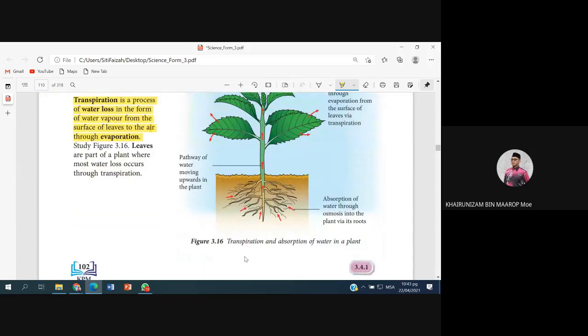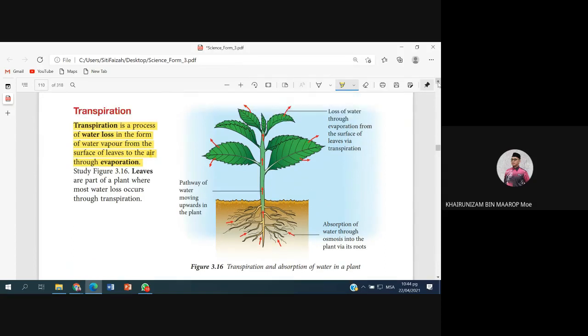Look at this figure. Figure 3.16 shows that leaves are the part of a plant where most water loss occurs through transpiration. So water is lost through stomata, because before this you learned about stomata, isn't it?